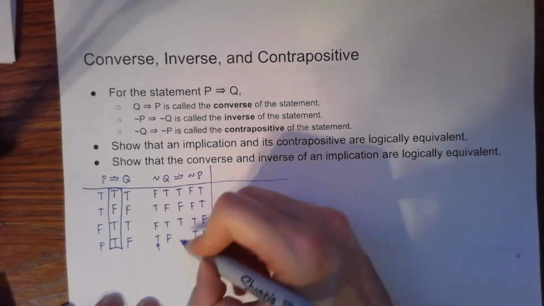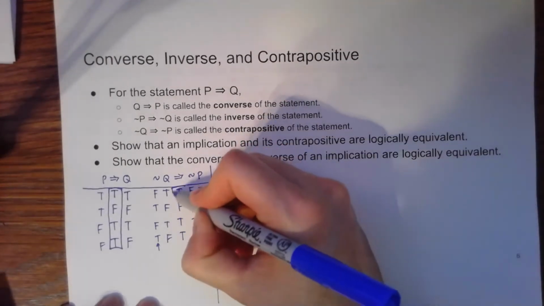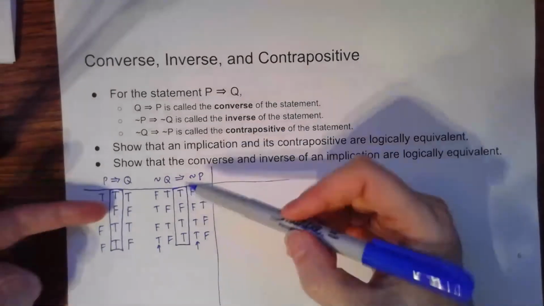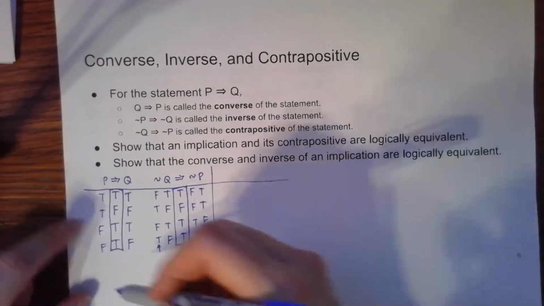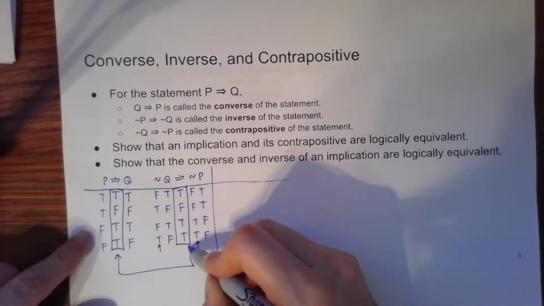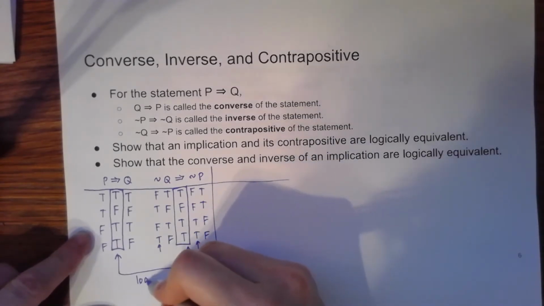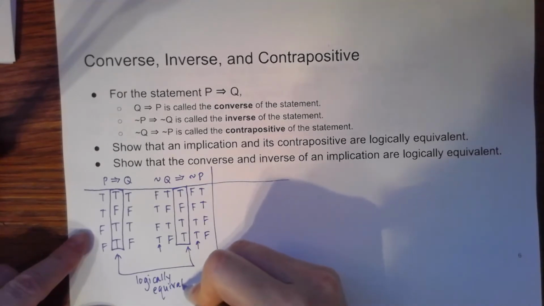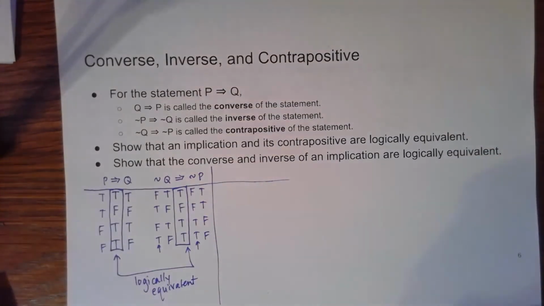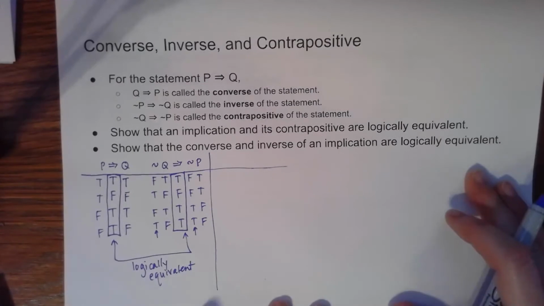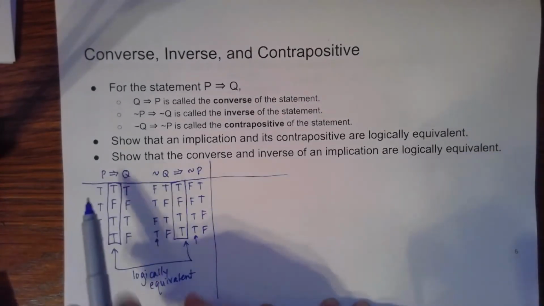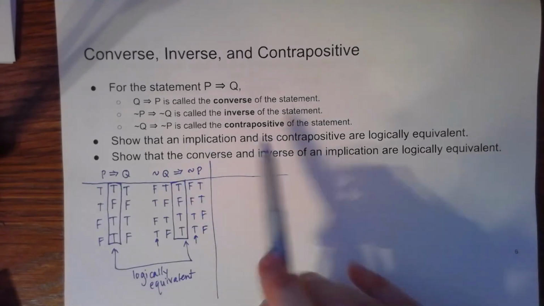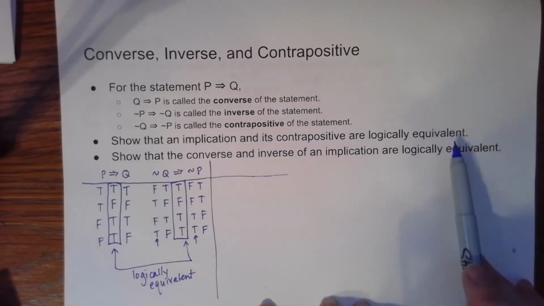And true implies true is true. So this is the final truth value for the contrapositive. Notice they match everywhere. Since they match, they're logically equivalent. So that's what we've shown here: the original implication and the contrapositive are logically equivalent.